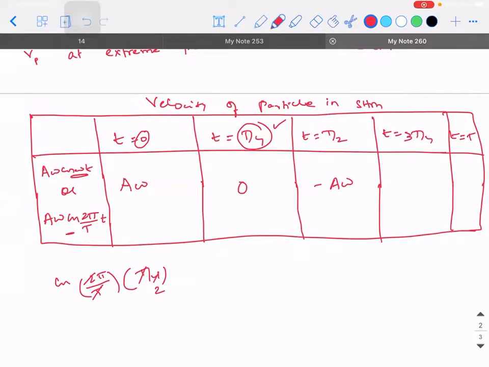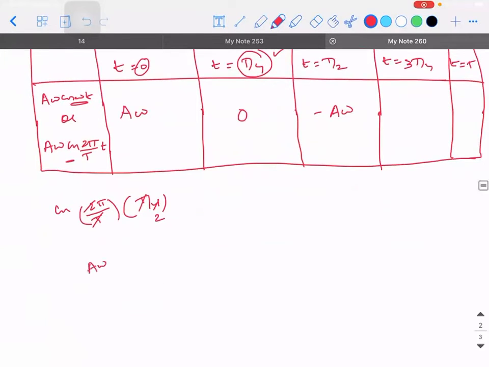3T/4. Minus Aω by √2. See, it will be Aω into cos of 2π/T into 3T/4. 2 and 2 will get cancelled, T and T are gone. 3π/2. Cos 3π/2 is 0.